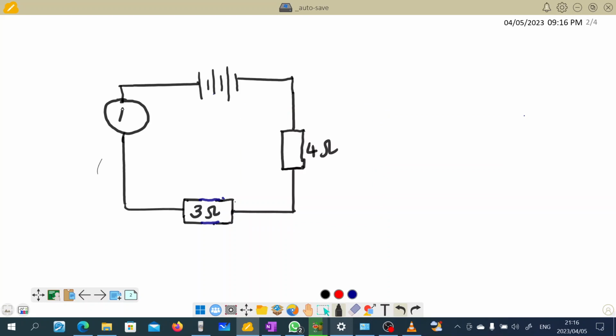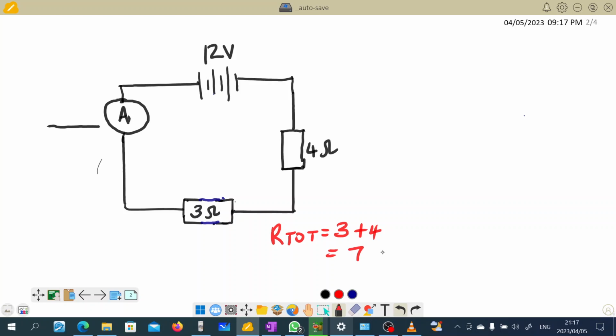So it's still our battery, 12 volts. Now they are saying, what's going to happen to this current of A1 if we remove that resistor. So if you remove the resistor 6 ohm, then the R total now is going to become 3 plus 4. 3 plus 4 is 7 ohm.